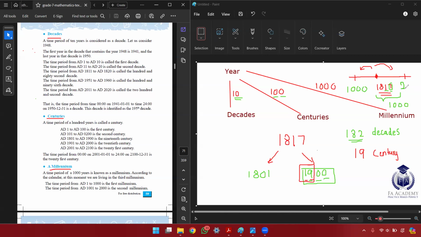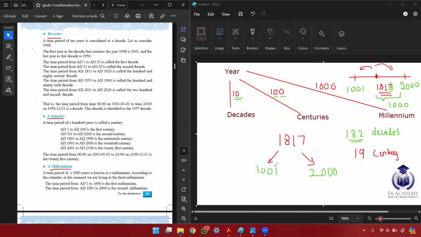So the next 1000 is 2000, right? 2 and 3 zeros. So I need to erase this and this because I'm going to find the millennium now. So I have 1000 and I have 2000. But you know that we cannot keep 1001 because we need only 1000 years, right? Only 1000 years, not 1001. So we just keep only 1000 years.